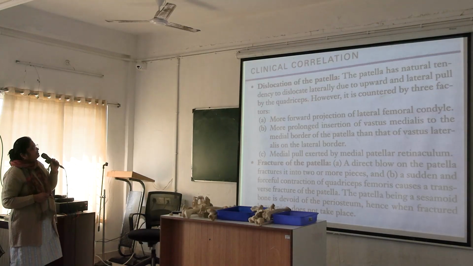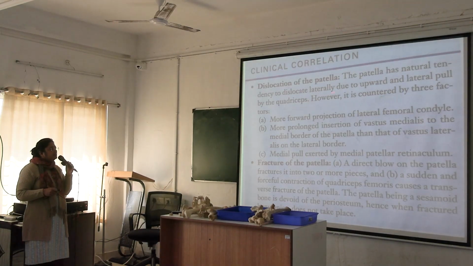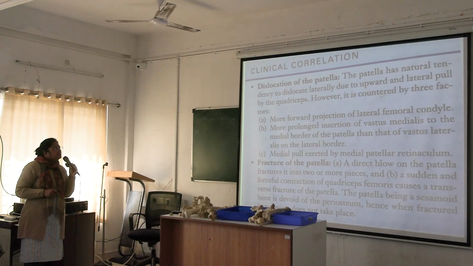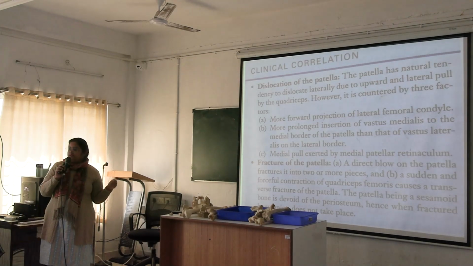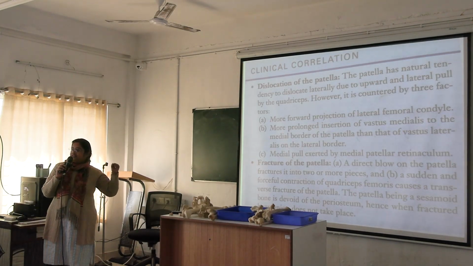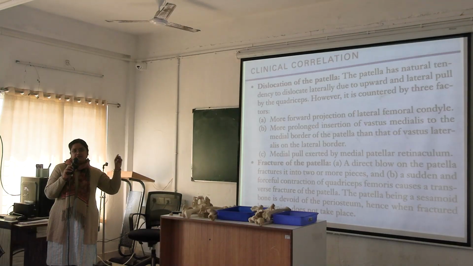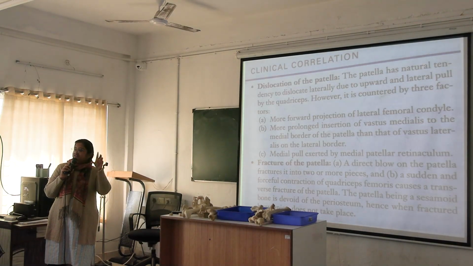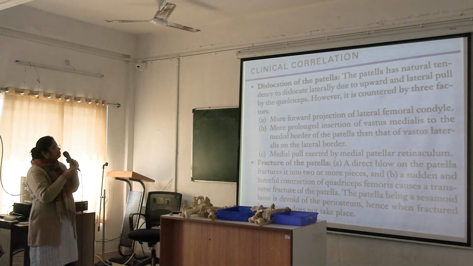The patella has a natural tendency to dislocate laterally due to upward and lateral pull by the quadriceps. And you have seen the attachment of vastus lateralis is not much, only extending the upper 1/3 of the lateral margin, but the extent of vastus medialis is up to the upper 2/3. So the extent is more.